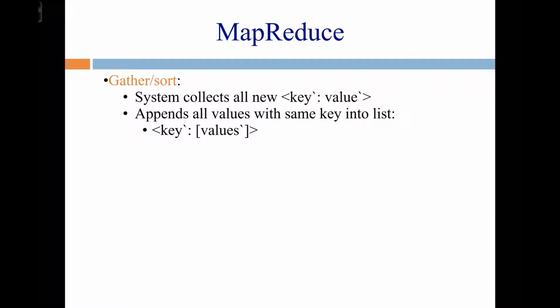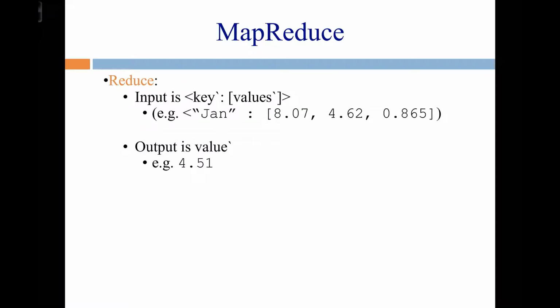This is assuming that there will be some keys in common out of all of those mappers, and that's the basic idea. And that becomes the input to reduce. So for every reduce job, I'm going to have a key plus a list of some kind of value in the new, post-filtered domain. And the output is just a value.